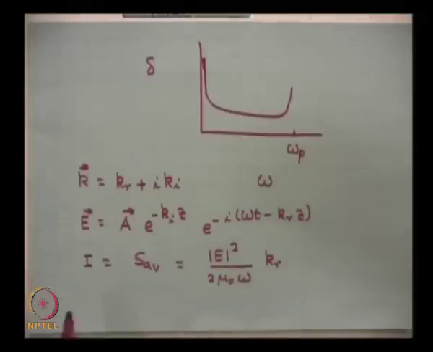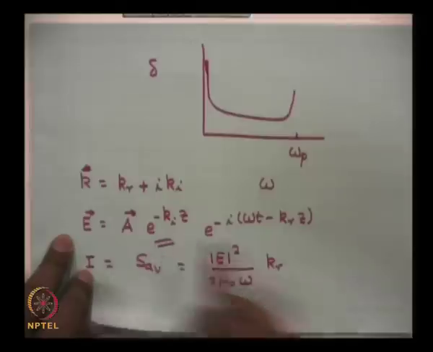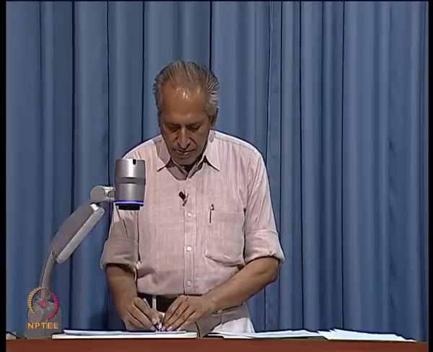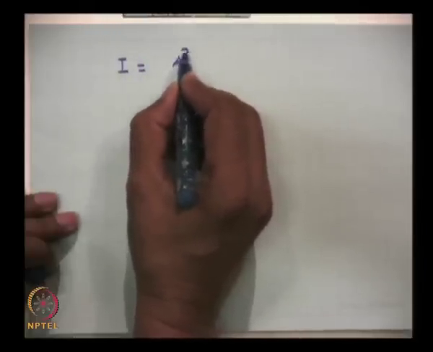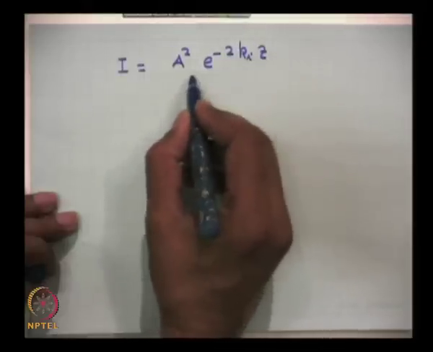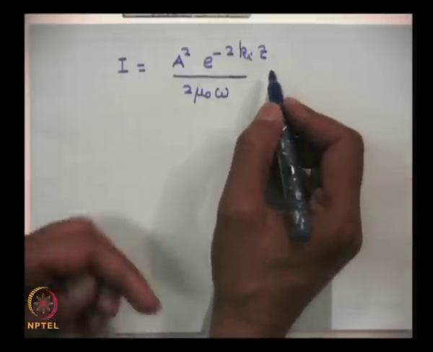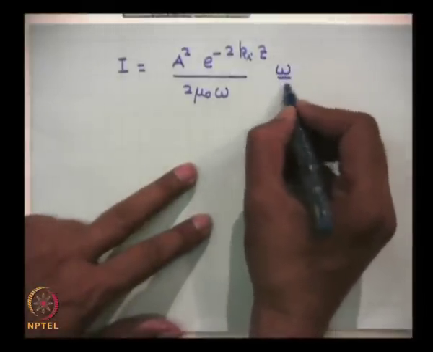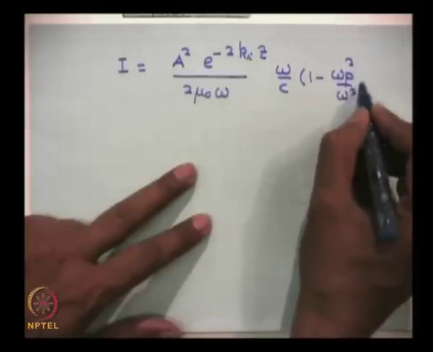So your intensity will depend on z now because of this factor, and the result would be that I can write down my intensity as A square exponential minus twice ki into z upon twice mu 0 omega multiplied by kr, which is omega by c into 1 minus omega p square by omega square to the power half.